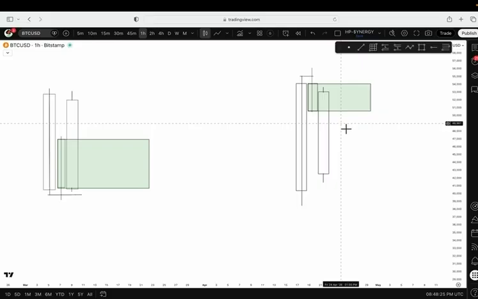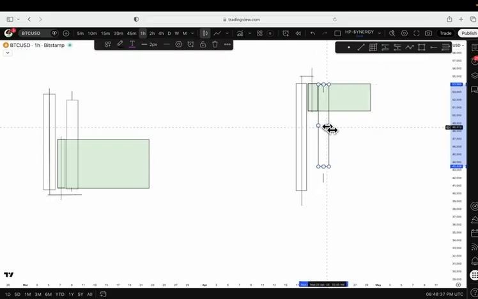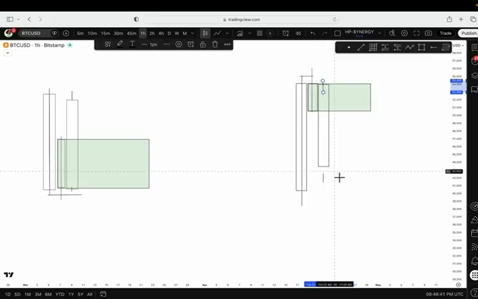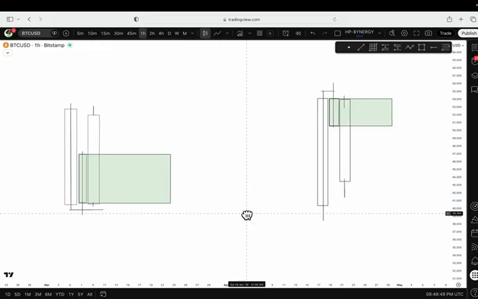I don't know if I should label it or not. Sorry, I'm taking so much time to draw it. I love to give a template first.